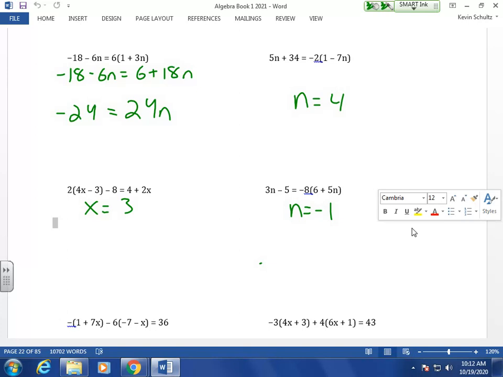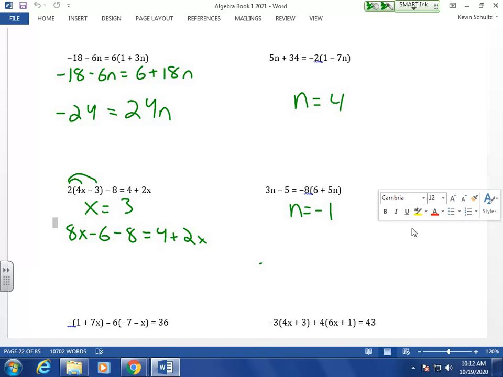The first one. So after you distribute in this first one, you should get 8x minus 6 minus 8 equals 4 plus 2x. Okay? Just 2 times 4x is 8x. 2 times -3, -6, and that -8, which you don't distribute to, so it's not in the parentheses, just drops down.